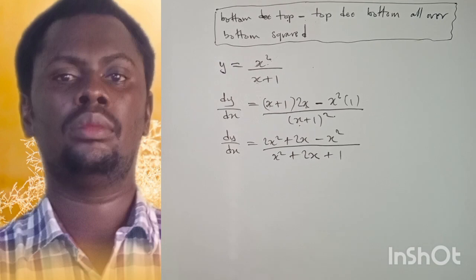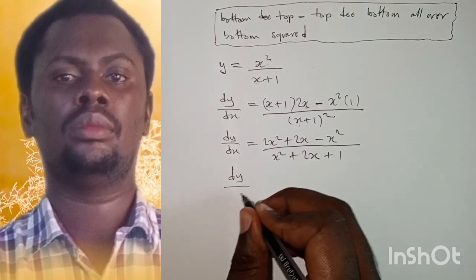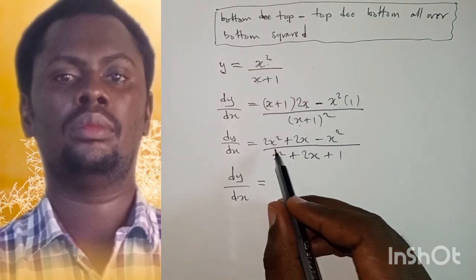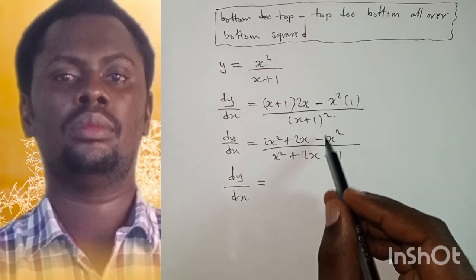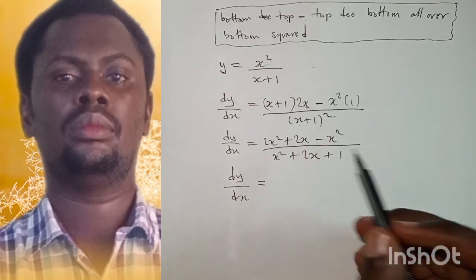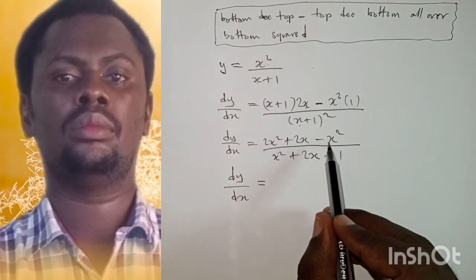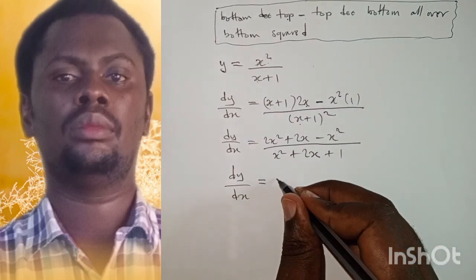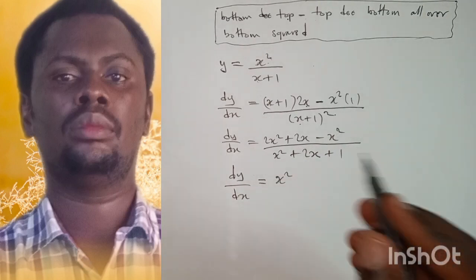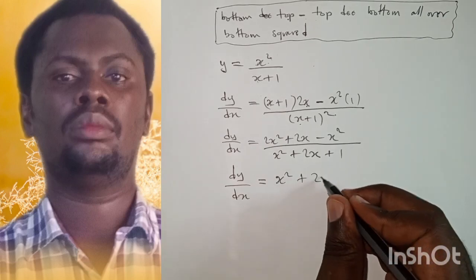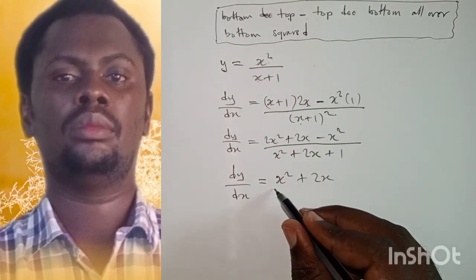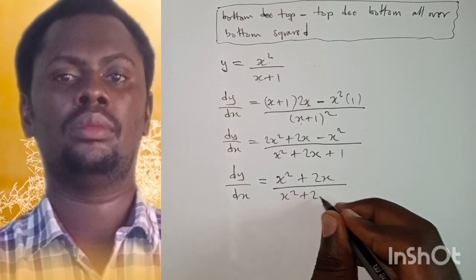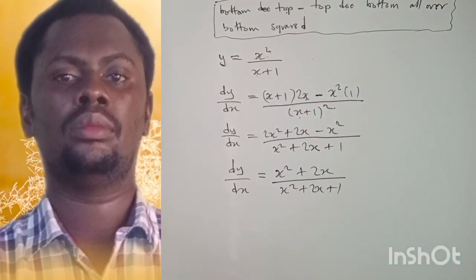Okay, so we have dy dx is equal to 2x squared minus x squared, you get x squared, and here we have plus 2x, over x squared plus 2x plus 1.